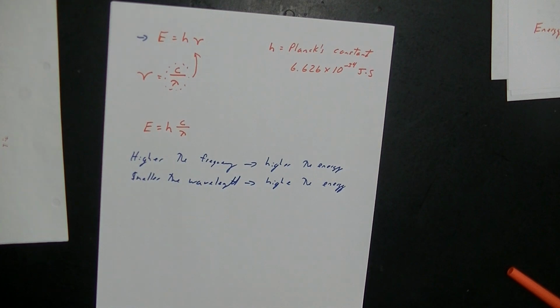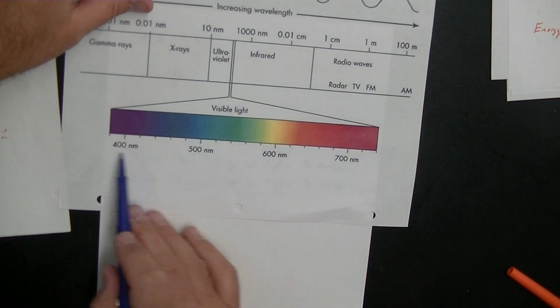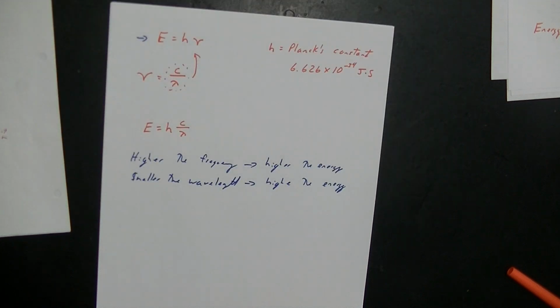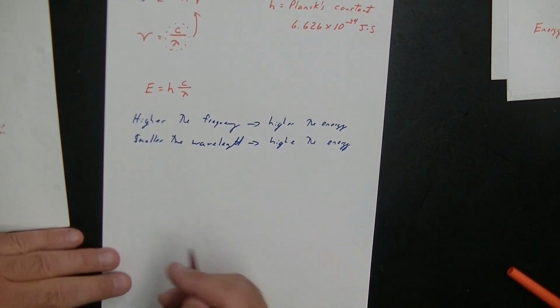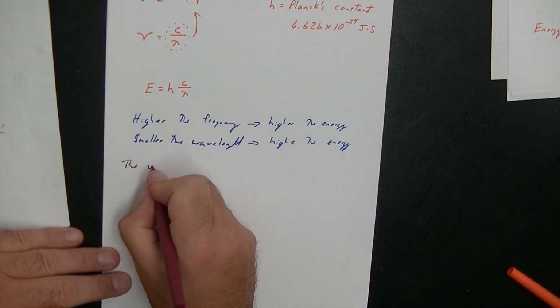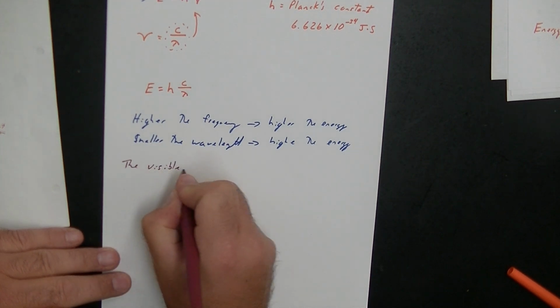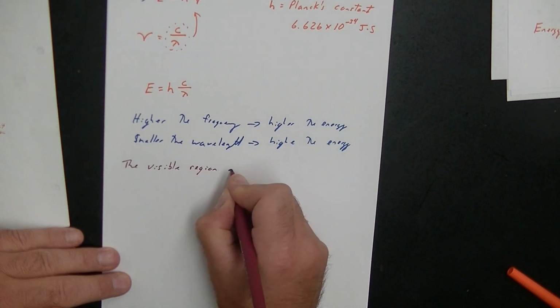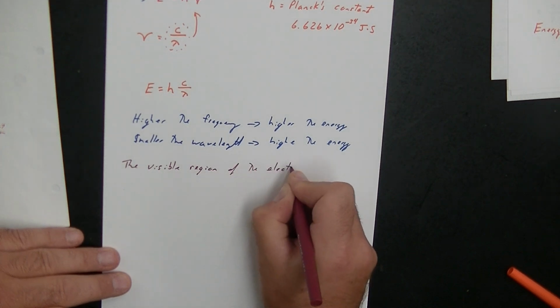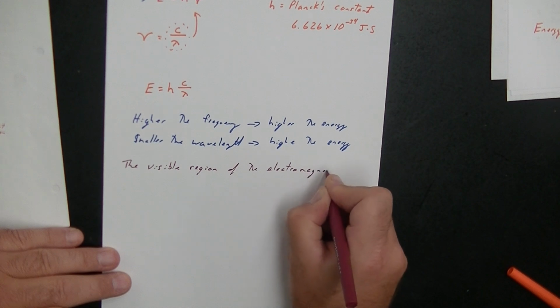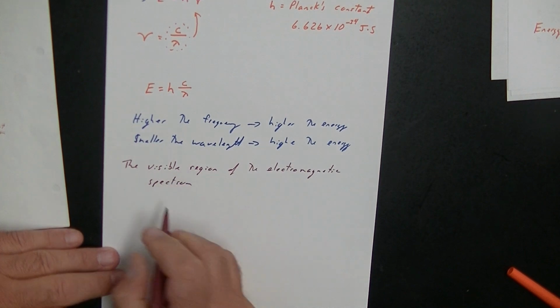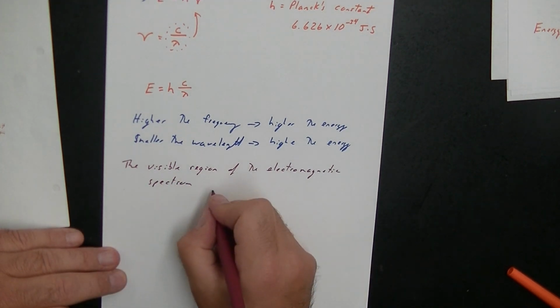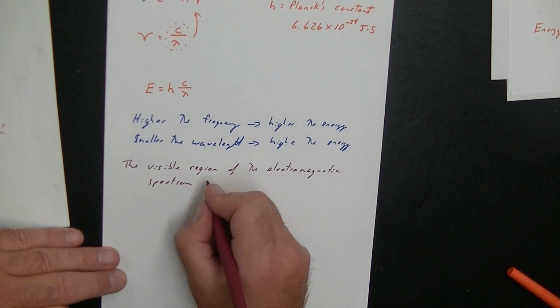Now, like I said, we're going to deal with visible light. So the visible region of the electromagnetic spectrum is broken down into color.